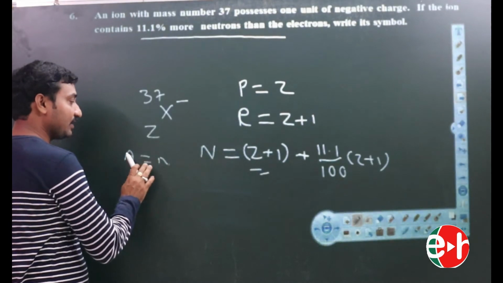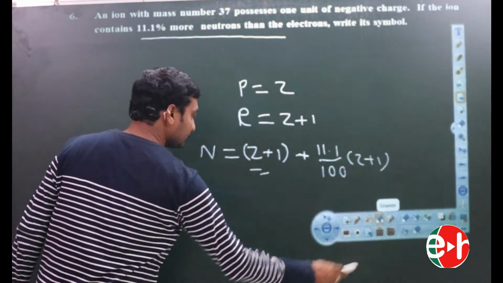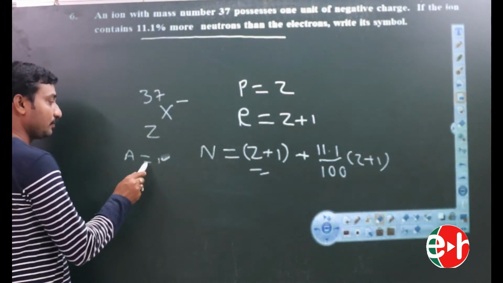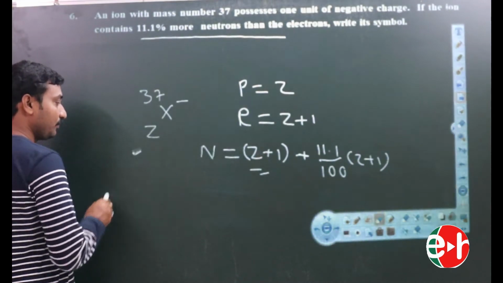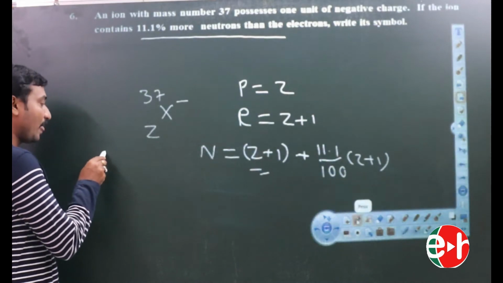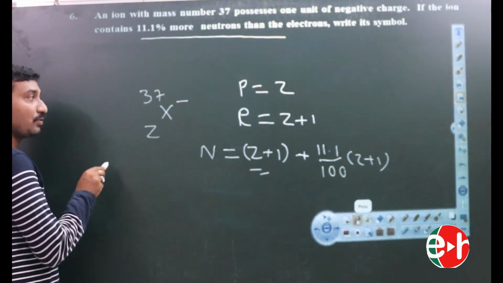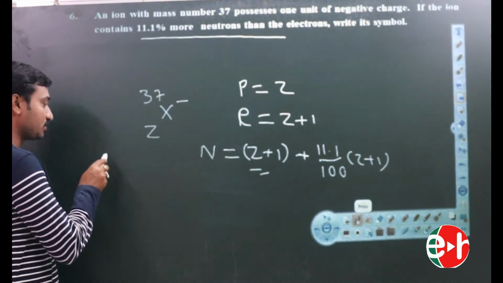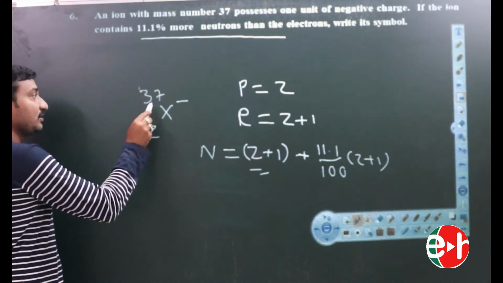Mass number A is equal to number of protons plus number of neutrons. A value given is 37.